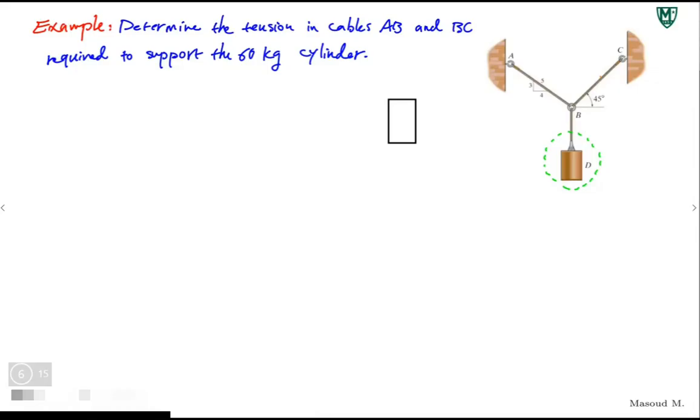Thank you. So weight, downward, cable force, upward. I'll call this W, and I'm given 60 kilograms, so 60 times 9.81. Cable force, I don't know, TBD. So far, we've done this before.